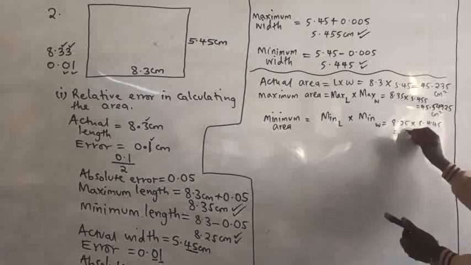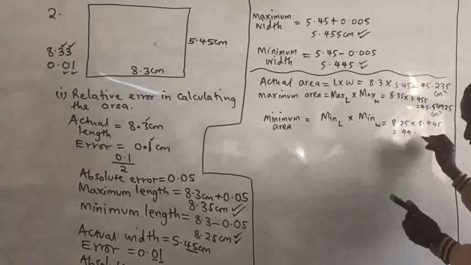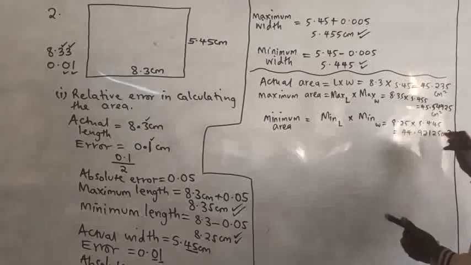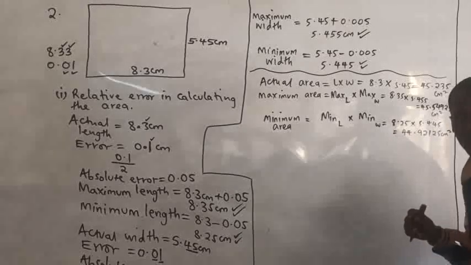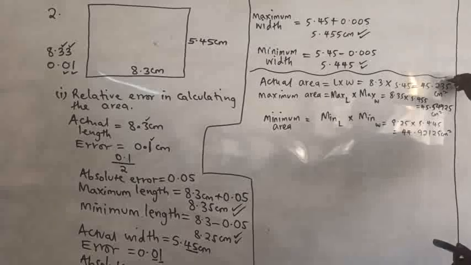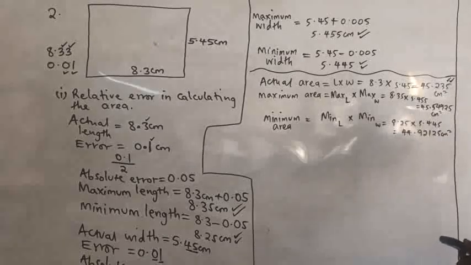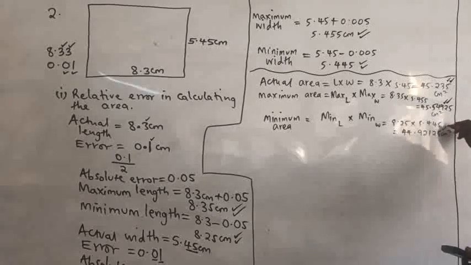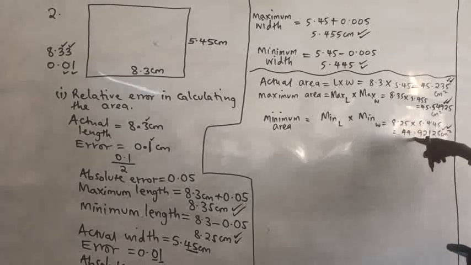That gives us 44.92125 centimeters squared. So it's very clear that this is our actual area if nothing is tampered with. If an error is made, you can have the maximum area and the minimum area, with the maximum bigger than the minimum.